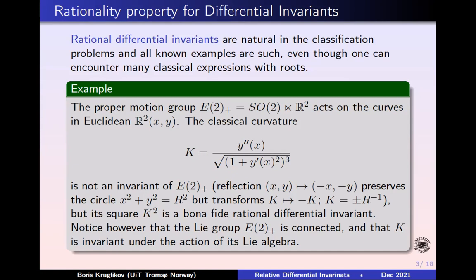That's actually a rotation by 180 degrees, so it's a continuous transformation. You continuously change your invariant, and then you get different signs. So K is not an invariant, but K squared is a bona fide invariant, and it's rational. That is an argument for why we actually have to consider rational invariants.